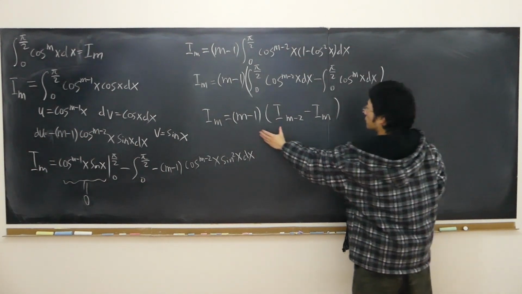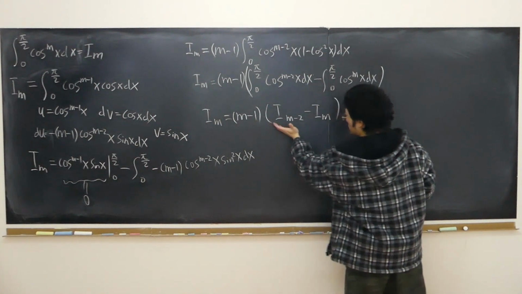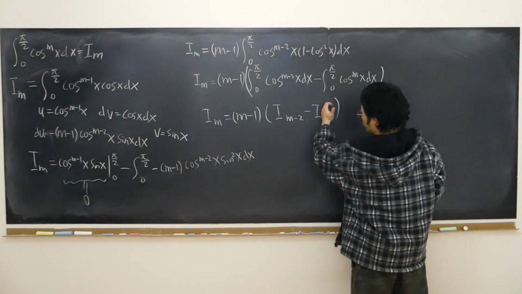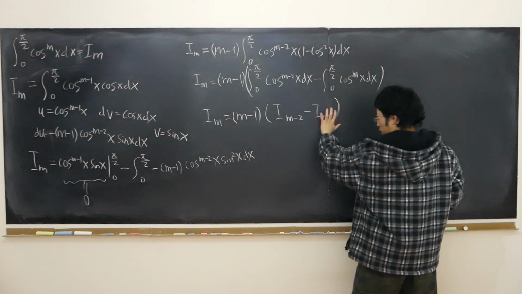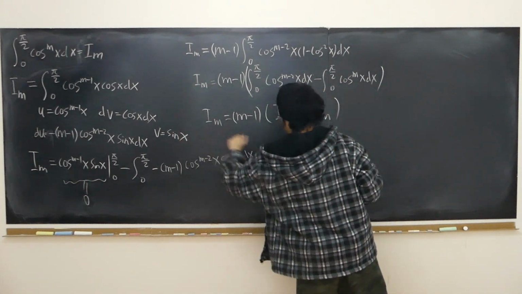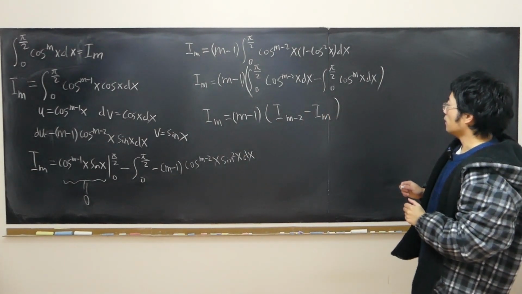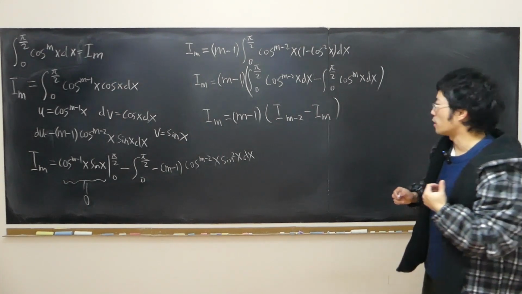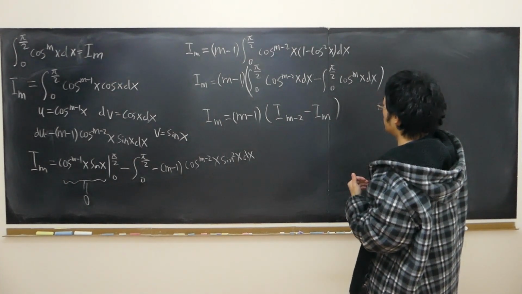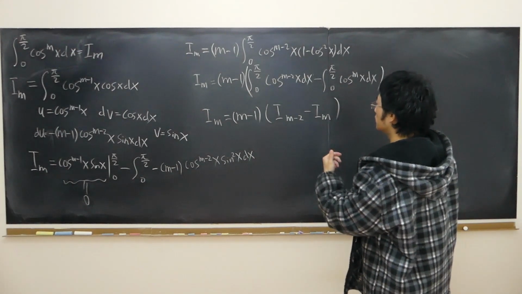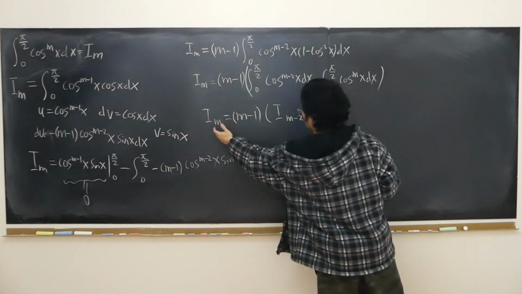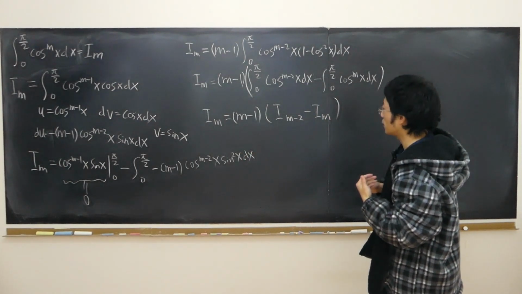Now we'll distribute this term onto this and that. So I sub m and I sub m are common factors. After we rearrange everything, m minus 1 minus over there becomes positive, m minus 1, there's a plus 1 here, so m times I sub m.